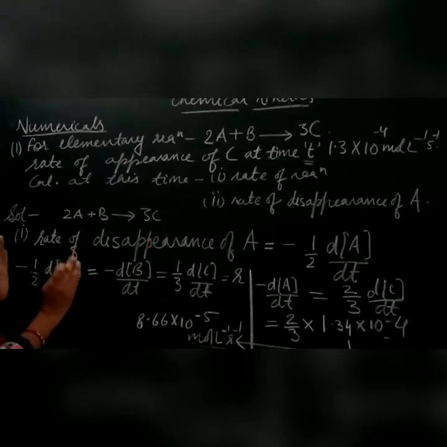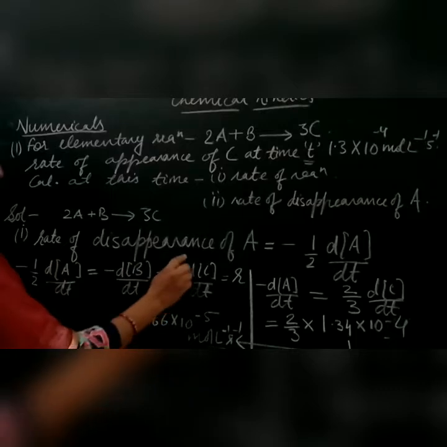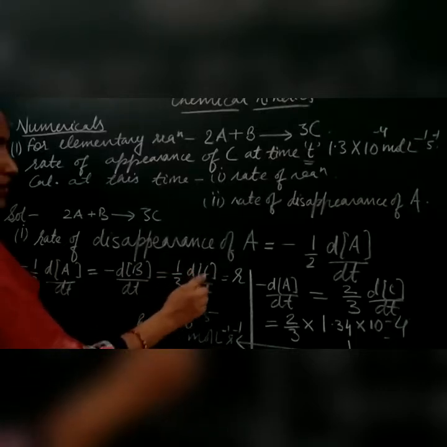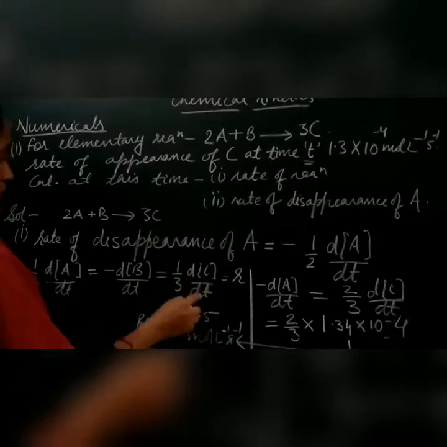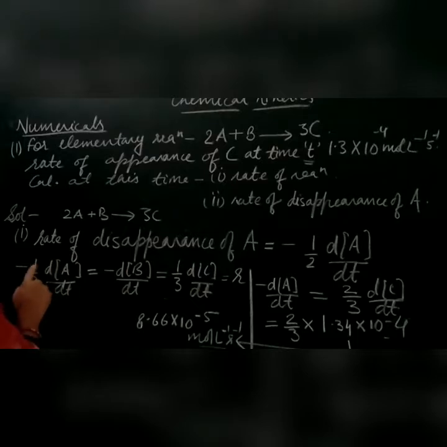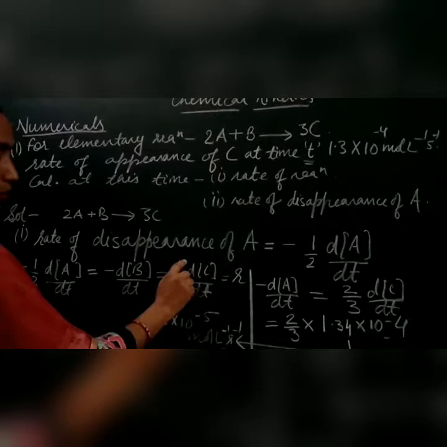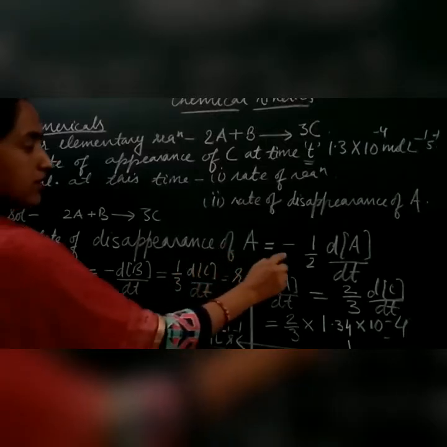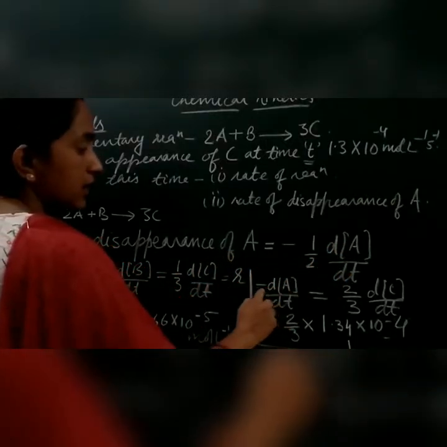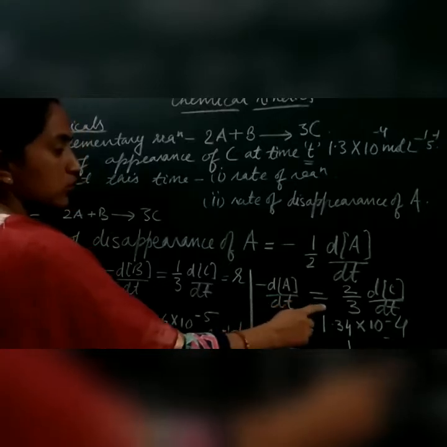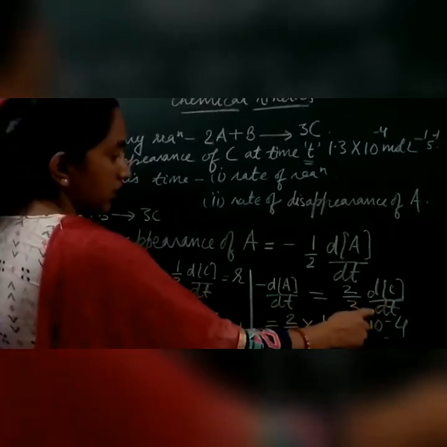I'm going to relate the disappearance of A with 1/3 dC upon dt because this is given in the question. So minus dA upon dt equals 2/3 dC upon dt.